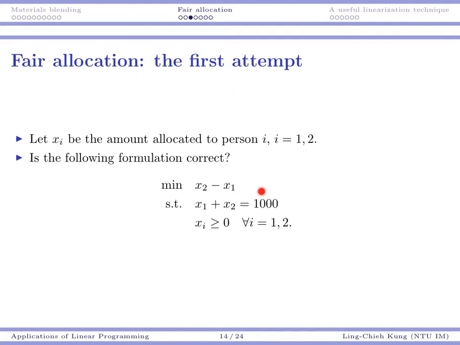So this formulation is not really correct. If we really solve this problem, the optimal solution would be to give x1 everything and to give x2 0. In this case, your objective value is negative 1,000, which is the smallest, but it's not what we want.